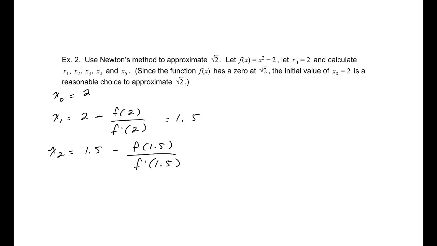Now evaluating f at 1.5, dividing by our derivative at 1.5, that is, as a fraction, 17 over 12, or 1.416 repeating. Alright, next we'll have 17 twelfths minus f of 17 twelfths divided by f prime of 17 twelfths.